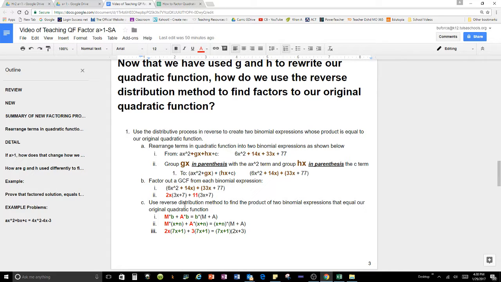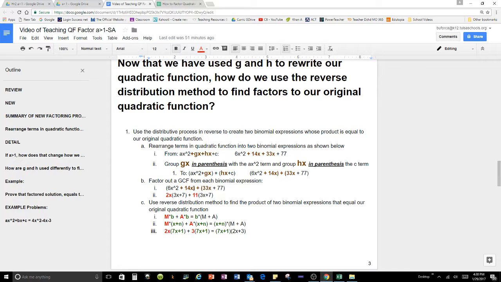You can also pull out the number 2, because 2 is a factor of 6 and 2 is a factor of 14. The way you know you can pull out a 2 is that if you divide each of these by 2, you get left with these numbers: 14 divided by 2 is 7, and 6 divided by 2 is 3.